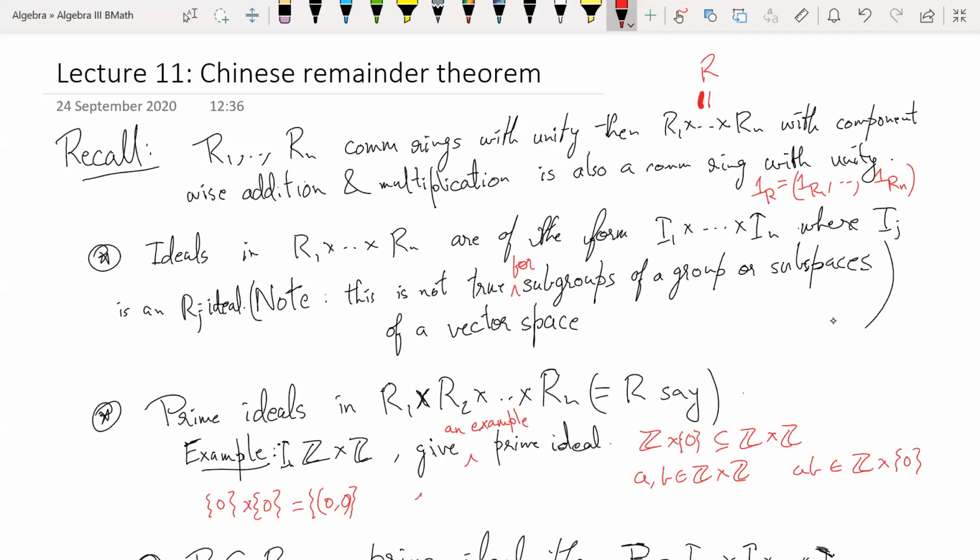Of course (1, 0) times (0, 1) is (0, 0), and neither of the two belongs to this. So one has to do a little bit of work. It's not prime ideal cross prime ideal, because 0 is a prime ideal in Z, but 0 cross 0 is not prime. So one has to think about what it is.